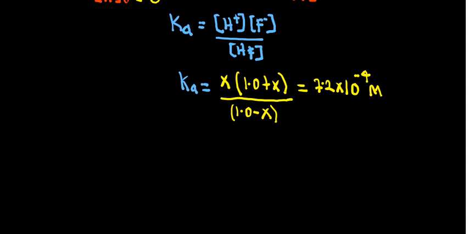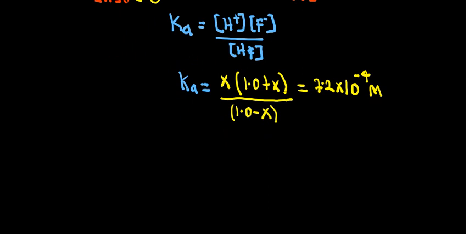Meaning that there's a point where we're going to neglect it. Because if we did go ahead here, we'd say this is x times 1 going to give us x, then this is x squared. We're going to have quadratic equations and all. But we want to avoid the quadratic equations because we know that the value of x is very small and it can be very negligible.